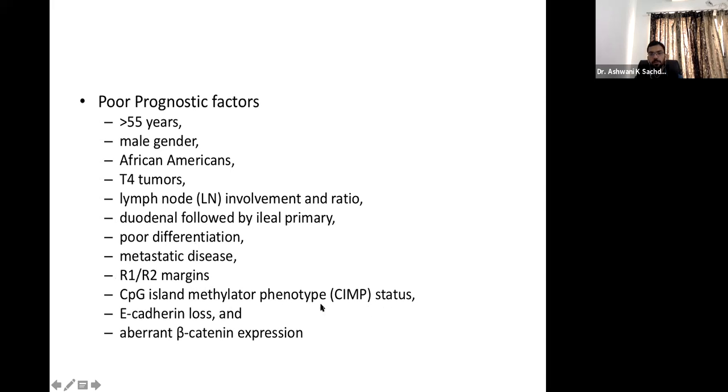In molecular terms, CIMP status, that is CpG island methylator phenotype status, E-cadherin, and aberrant beta catenin expression are associated with poor prognosis. CIMP was commonly associated with BRAF mutation.